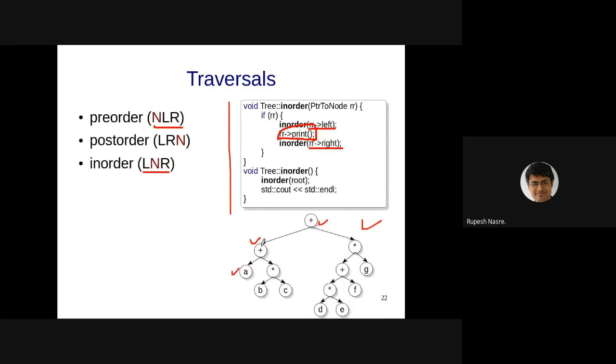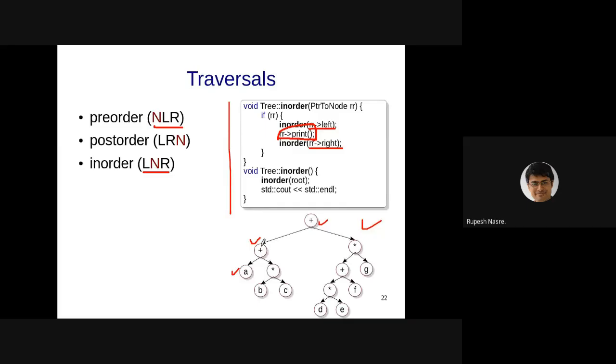And then either I push the right child of that, or I start processing the right child. So I reach here. Currently the stack contains only this, let's say. Now this particular node does have children, so I can't print it now.